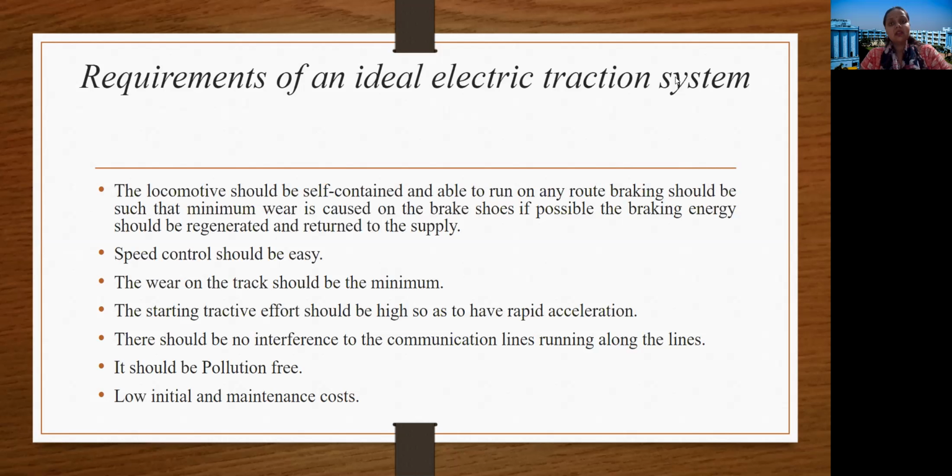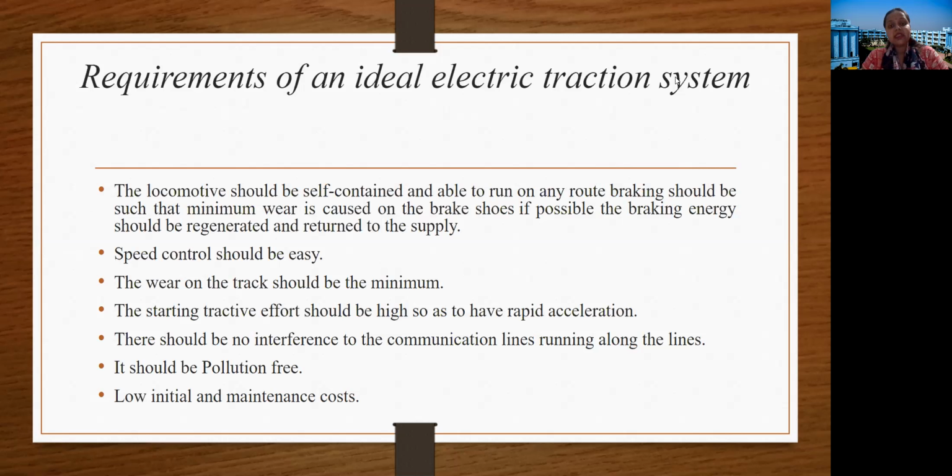In an electrical system, since we are supplying motors using electrical energy, speed control is easier. The starting and braking of the motors will be easier. So let us see what points should be the requirements of an ideal electric traction system.